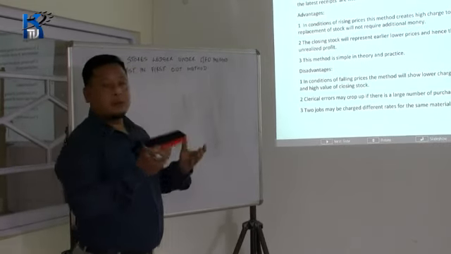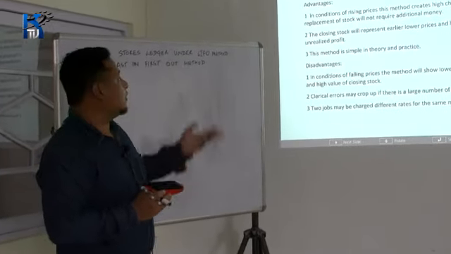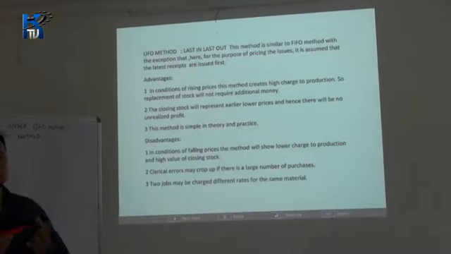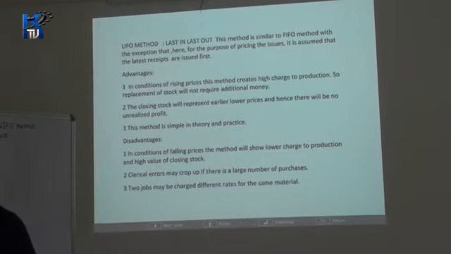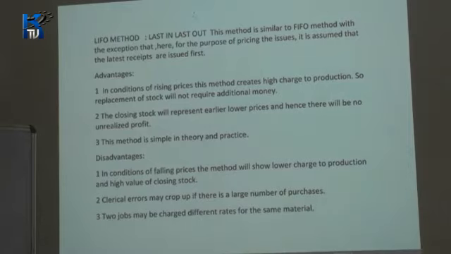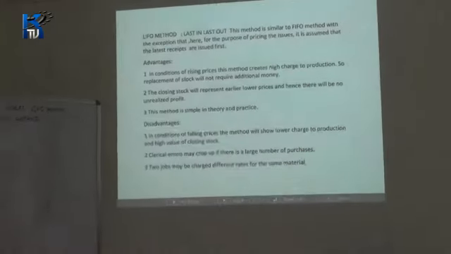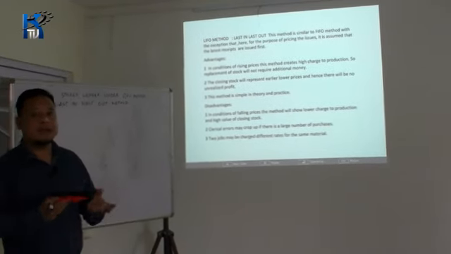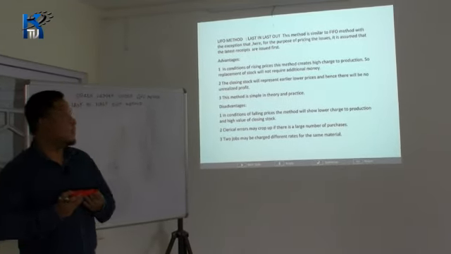Again, the closing stock will be shown at a lesser value. So what this does, it deflates the profit. By deflation of profit, there will be additional capital left in the business.